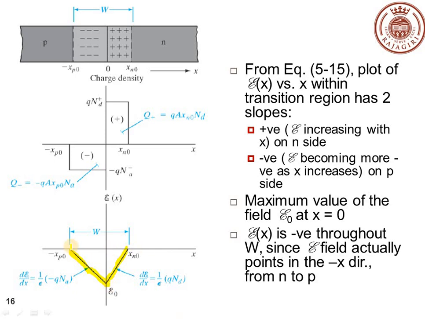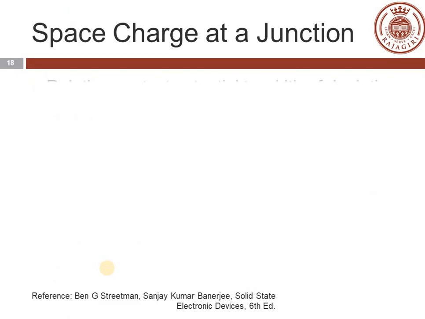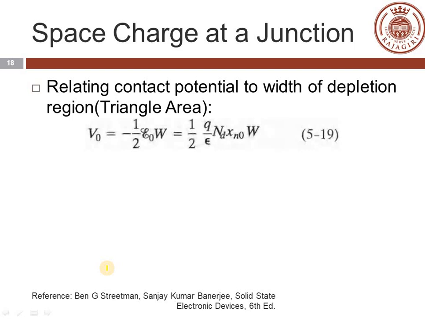The triangle area we know is 1/2 bh, where b is W and h is E0. So we can write V0 = -1/2 E0 W.